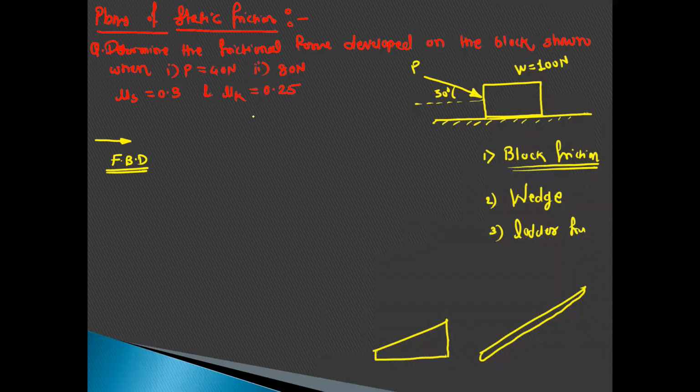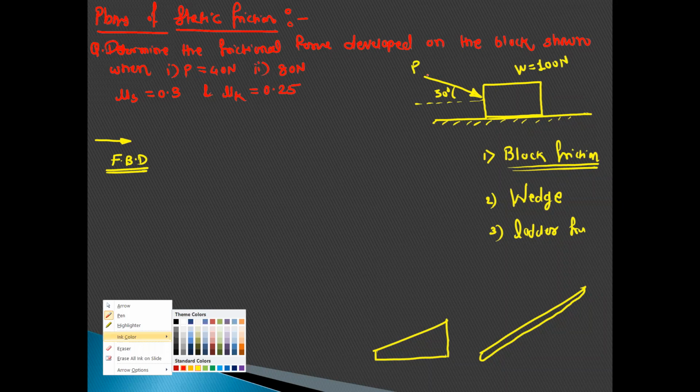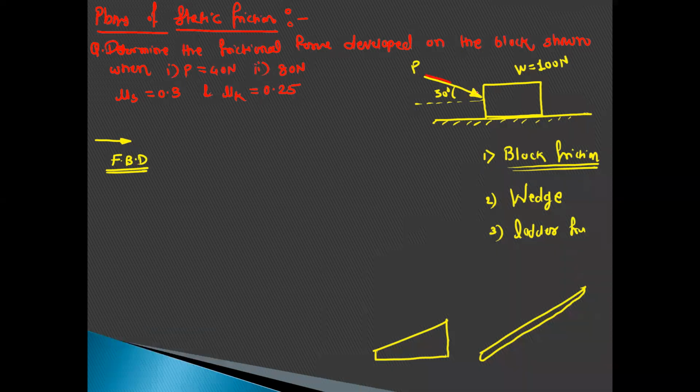Just observe in the diagram, this is the direction of force P. Definitely this object will have the tendency to slide to the right side. So this arrow is the impending motion.